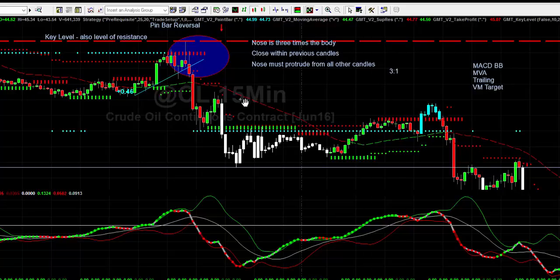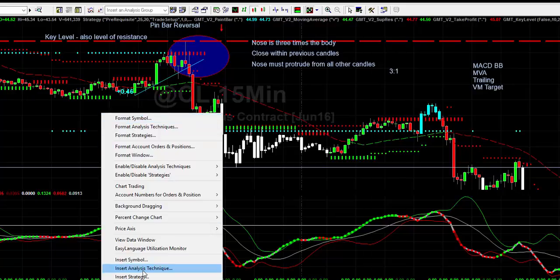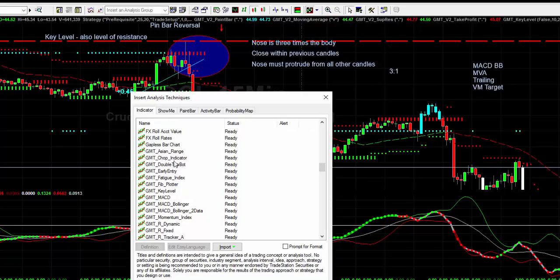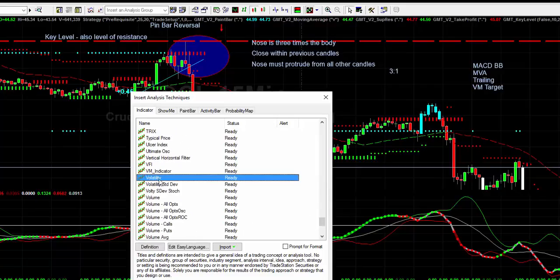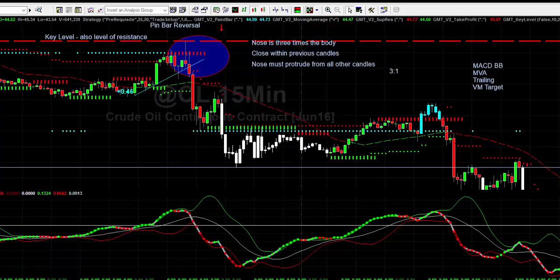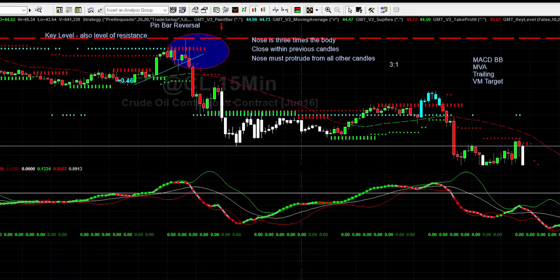So if we add in the VM indicator here, and we'll do that now. Just add that in. So our volatility indicator, our VM indicator, tracking volatility. As the volatility rises, so does the value.